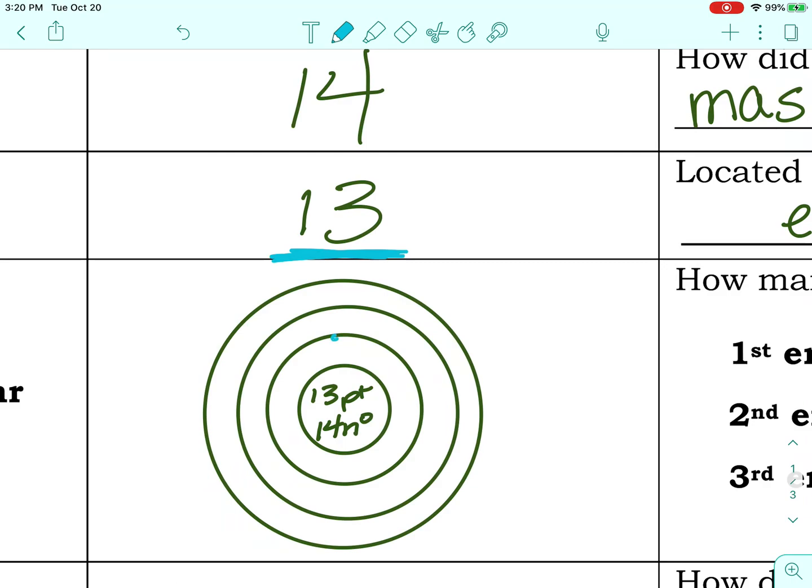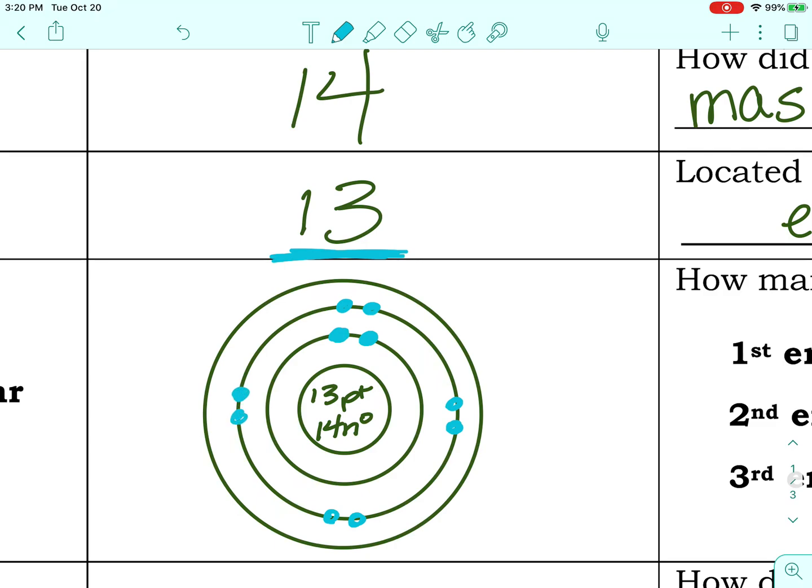So we said 2 can fit in the first ring, so we're going to have 2 there. You always start with the ring that's closest to the nucleus and work your way out. So you fill up that ring first with 2, it's full, so then you move on to the second ring. And that ring can hold up to 8 electrons, so we're going to go ahead and put 8 dots for 8 electrons.